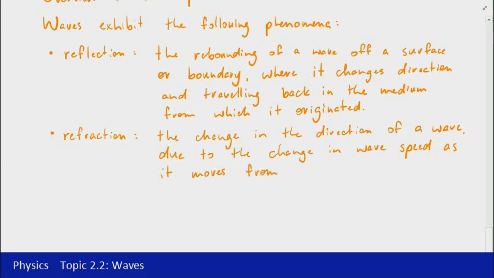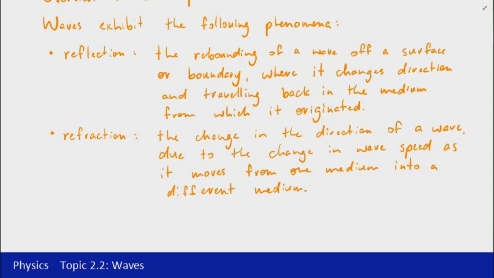Now when we're talking about a medium here, it's not necessarily that it's changing substance. If we think about light travelling from air into water, that's obviously a different medium, but we can have refraction occurring in water waves when you've got different depths of the water.